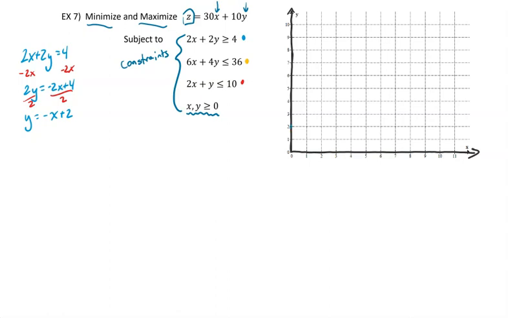Cool, so that means we're going to start up 2, go down 1 over 1, and then draw our line through it. Hopefully by now everybody's okay with the slope was negative 1 and the y-intercept was 0, 2. So let's draw this line. And then it is greater than or equal to, so we are going to be shading above.